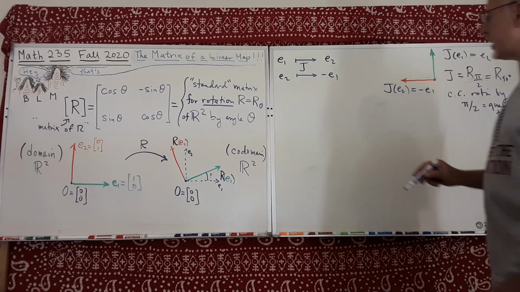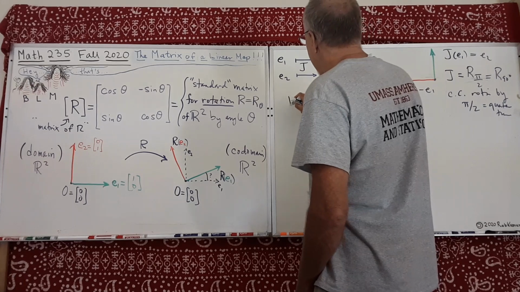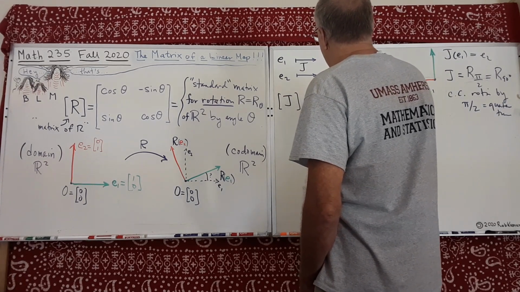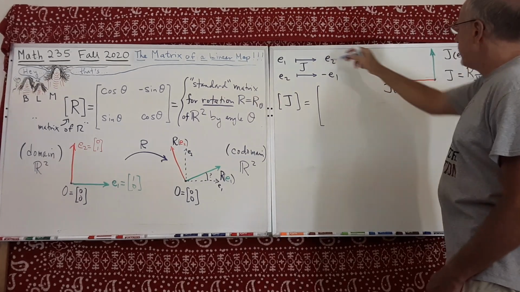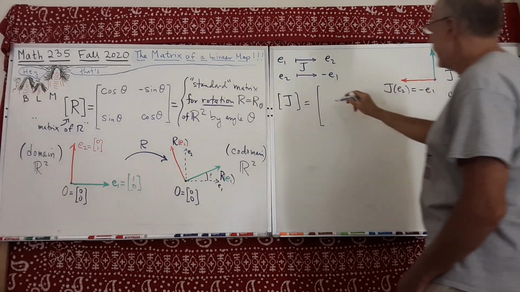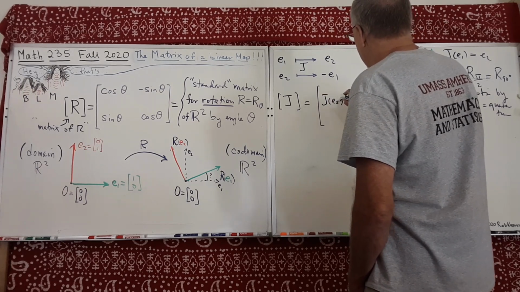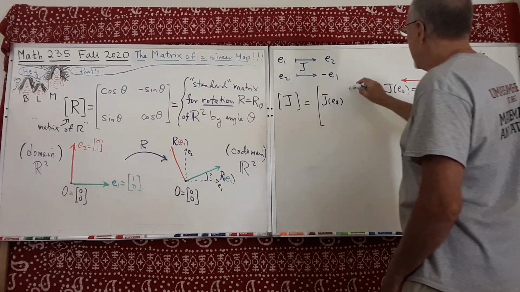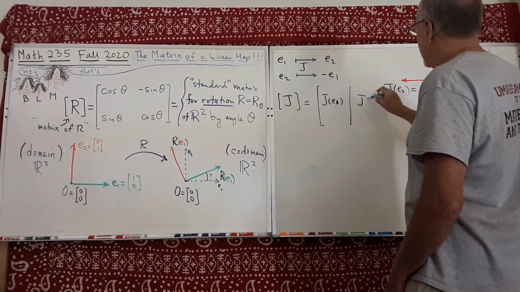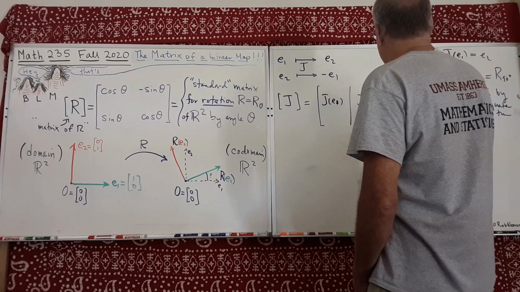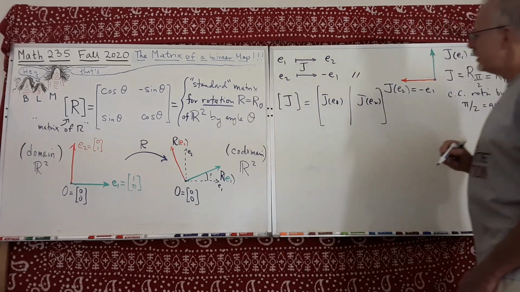So what does that say the matrix for J is then? Well, its first column is going to be J of E1, and the second column is going to be J of E2. And that matrix is exactly what matrix?